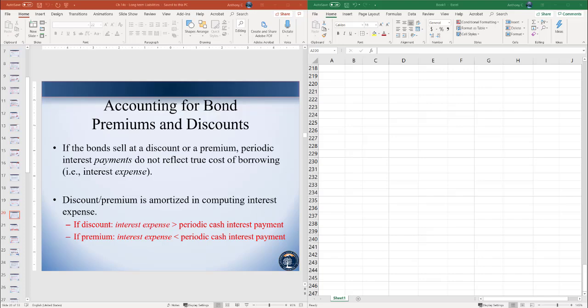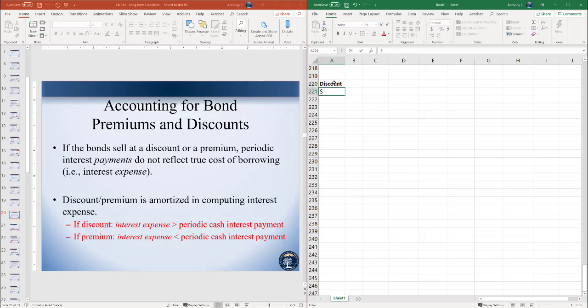So the basic idea behind accounting for a bond premium or discount is that if a bond is sold at a discount or premium, our periodic interest payments, so our stated interest payments, don't actually reflect our true cost of borrowing, so our true interest expense. So for example, as we were talking about earlier, let's just say we have a discount.